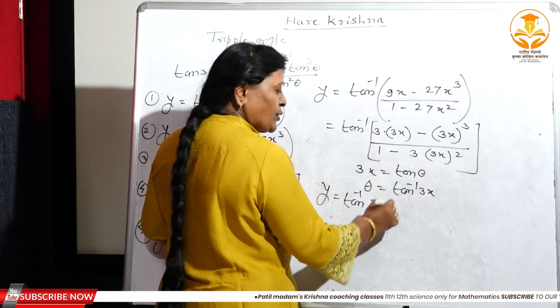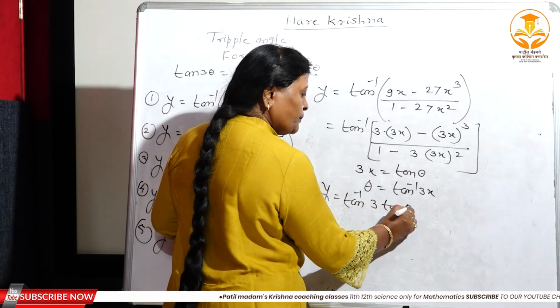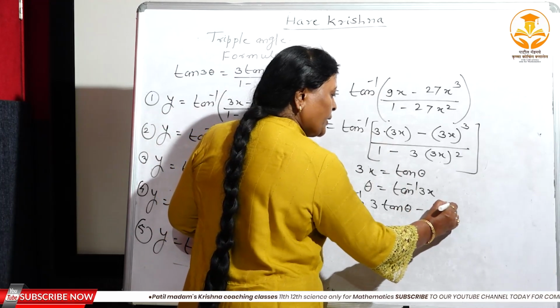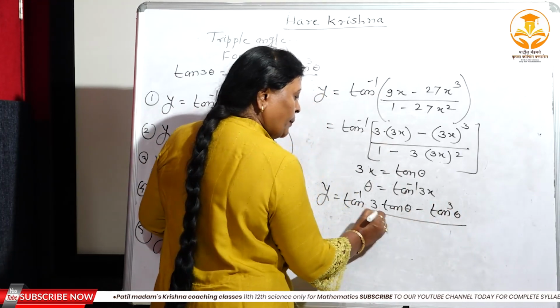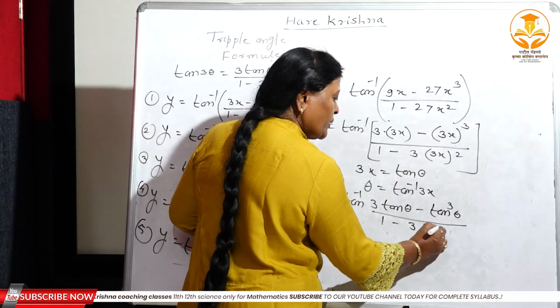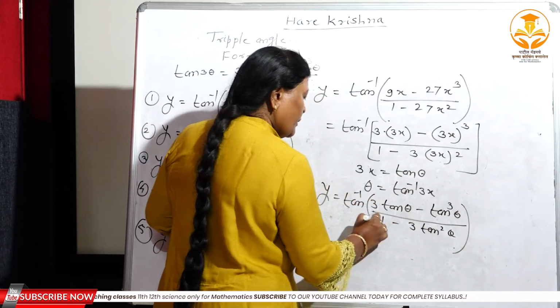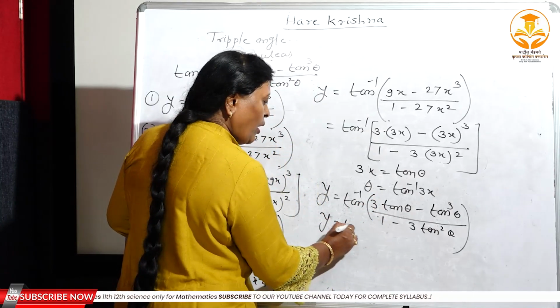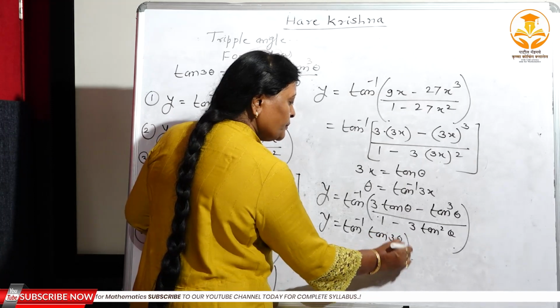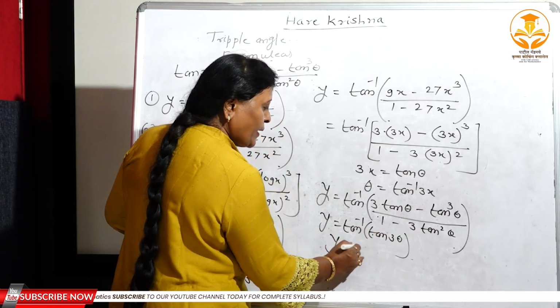In place of 3x, you can substitute tan theta. Again, 3x whole cube means tan cube theta divided by 1 minus 3, 3x whole square means tan square theta, right? Therefore, this is the formula of tan 3 theta. Again, tan inverse tan get cancelled.